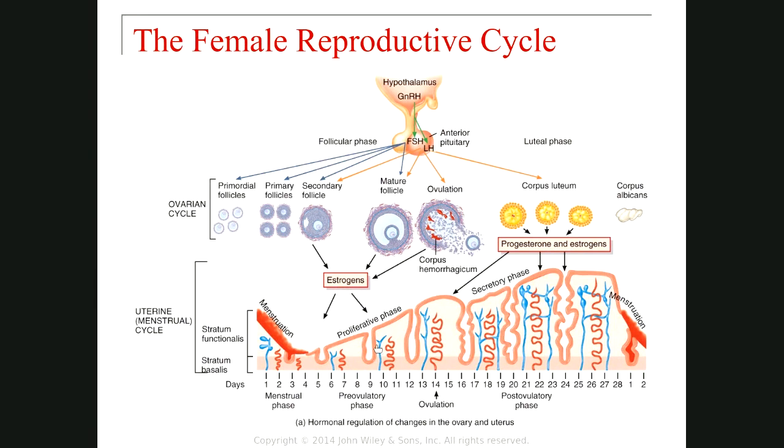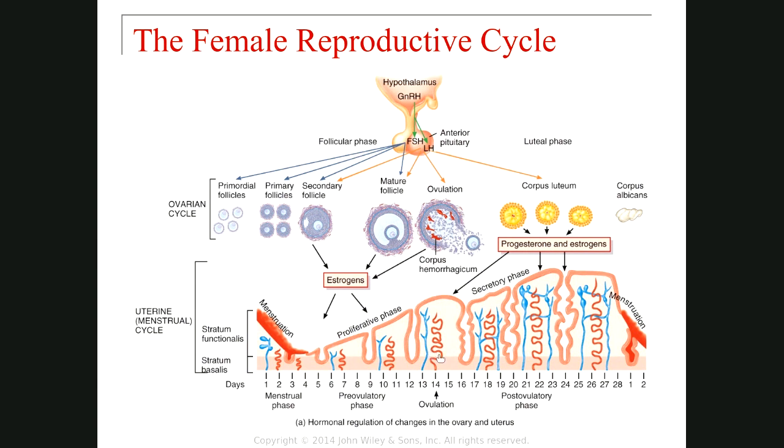As the endometrium becomes thicker and thicker, endometrial glands develop, arterioles start to coil and become longer, and they penetrate the stratum functionalis, as you see in this picture. The thickness of the endometrium becomes double, about 4 to 10 millimeters. And then we have ovulation.